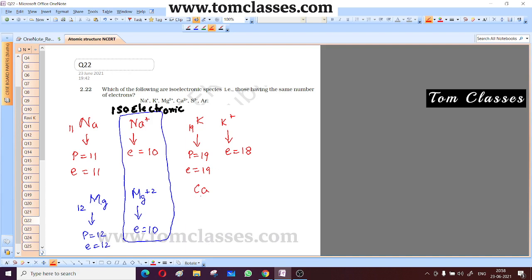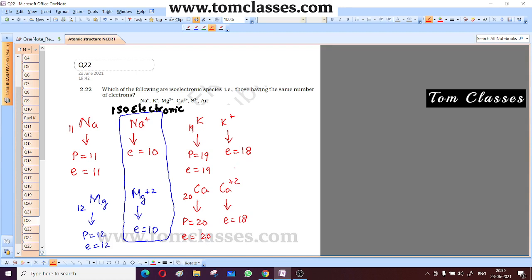Calcium has got atomic number of 20. So this will have protons as 20 and electrons as 20. Now Ca plus 2, it will have electrons of 18. Now we see that potassium and calcium are isoelectronic, right?